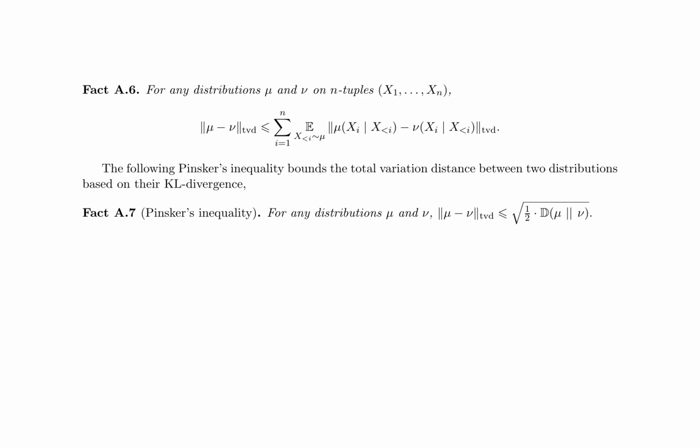These facts are essential tools in the analysis of probability distributions and their relationships. They have applications in various fields such as machine learning, information theory, and statistical inference. For instance, in machine learning, understanding the total variation distance and KL divergence can help in assessing the similarity between different models or the convergence of an algorithm towards a target distribution.